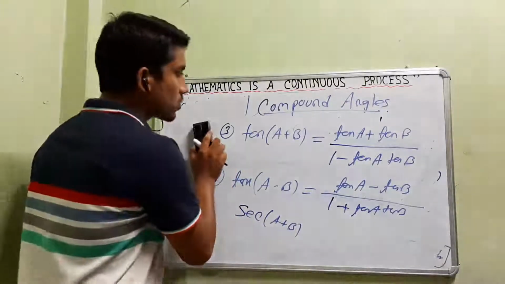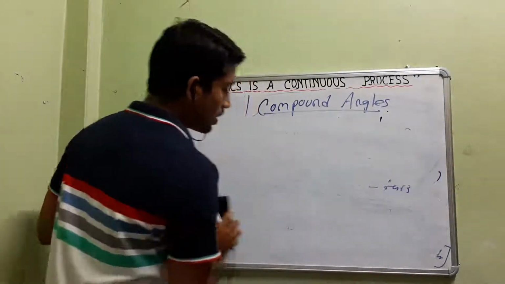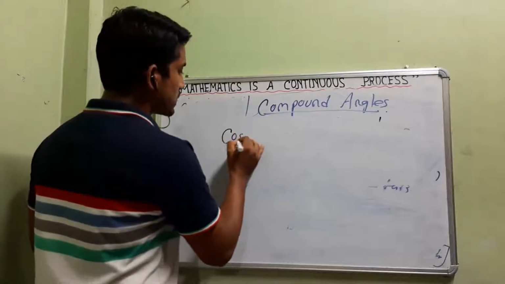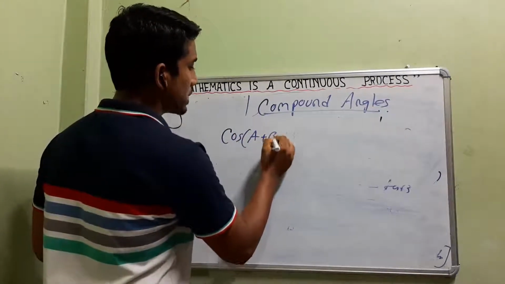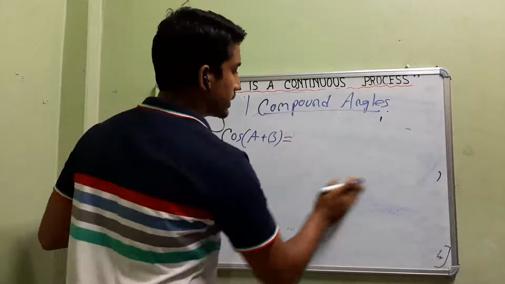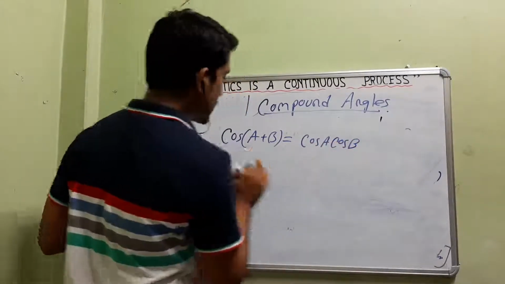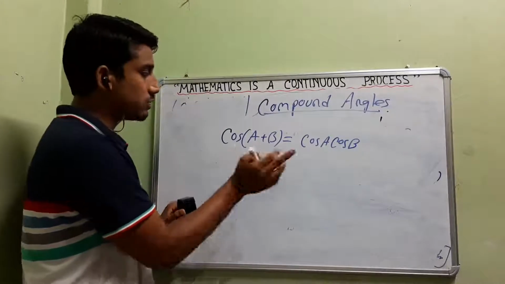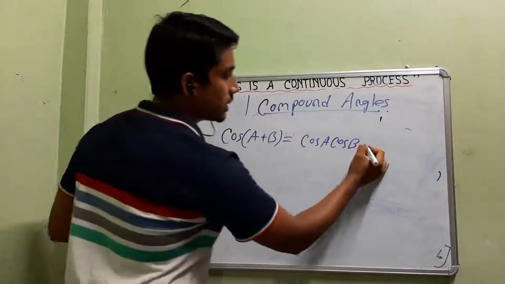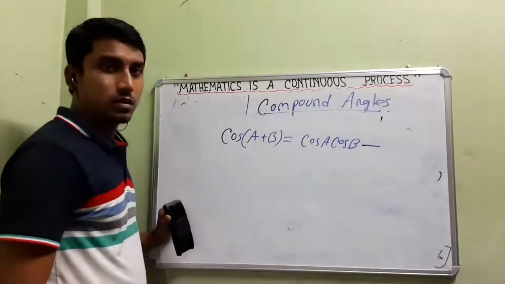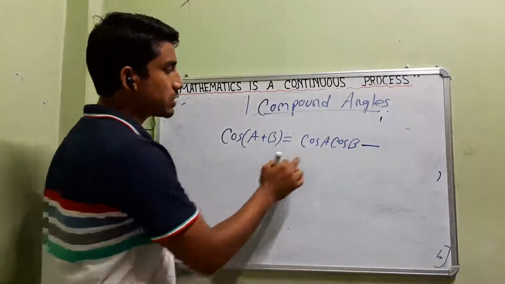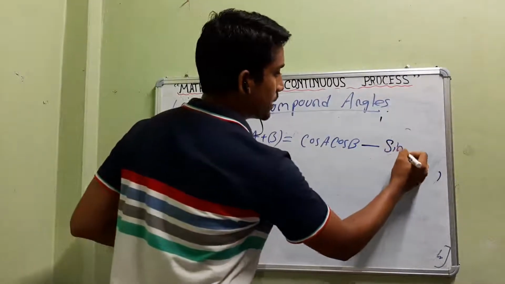Cos(A plus B) is cos A cos B, and in the formula there will be minus: cos A cos B minus sin A sin B.